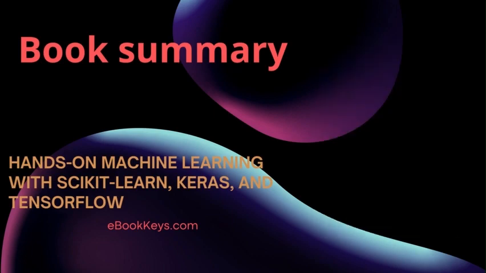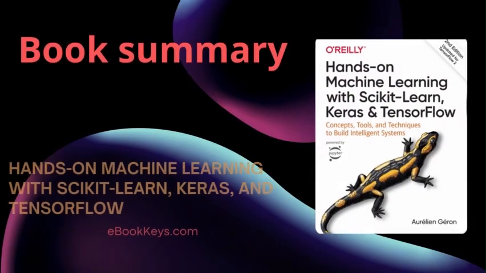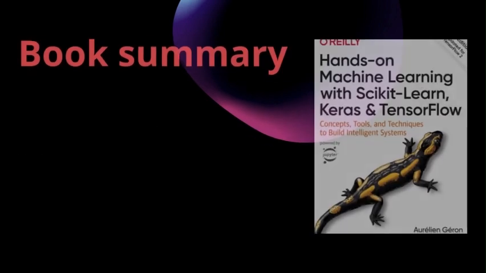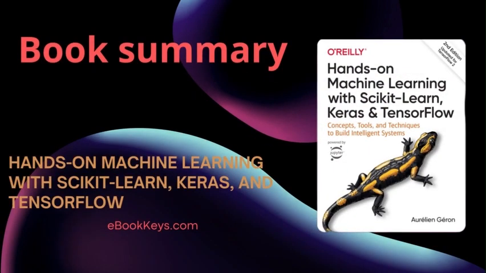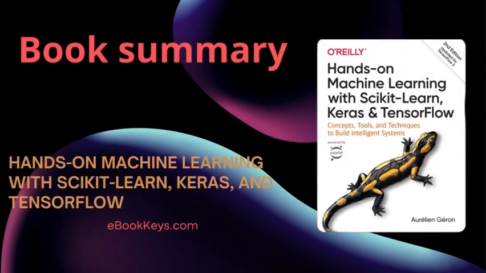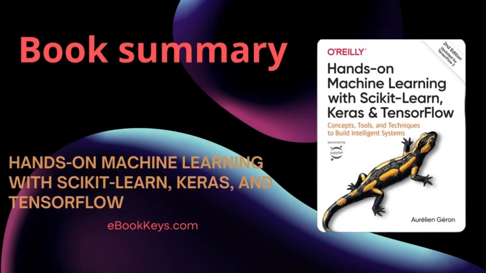The chapter then introduces random forests, an ensemble technique that combines multiple decision trees to improve predictive accuracy. You'll explore the concept of bagging, feature importance measures, and hyperparameter tuning for random forests. By the end of this chapter, you'll have a solid understanding of decision trees and random forests, enabling you to apply these techniques to a wide range of machine learning problems.